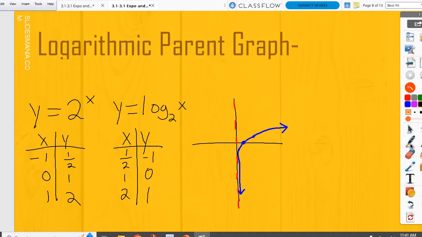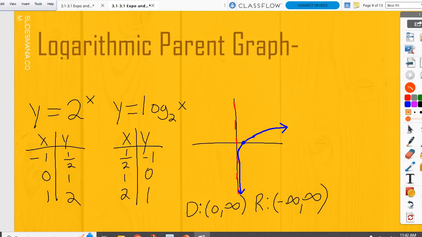So what is our domain here? Yeah, so just like we switched our x's and y's, we also switched our domains and ranges. And so now our range is going to be correct.